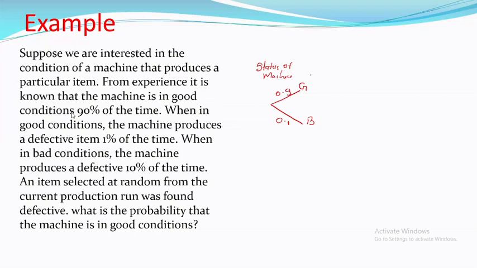When the machine is in good condition, it produces defective and non-defective items. When in good condition, the machine produces a defective item 1% of the time, so that is 0.01.